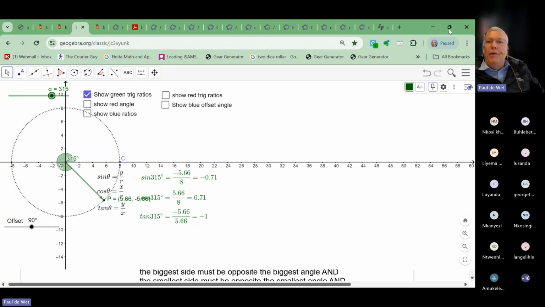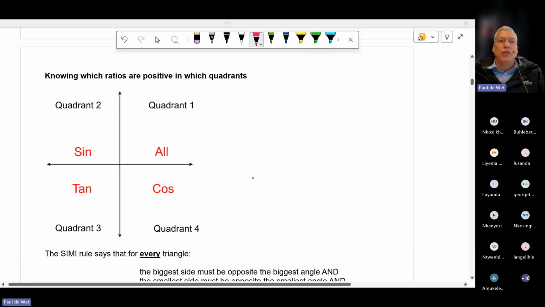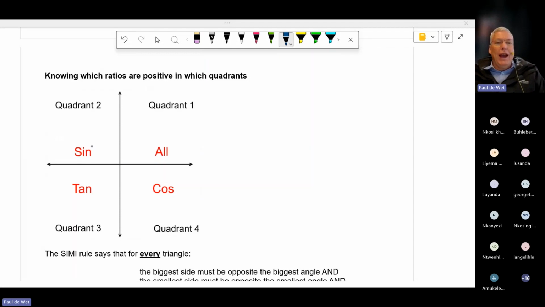Now I want you to go to page 3 in your workbook and write down: what's the upside down of sine? If you turn sine upside down, which ratio do you get? Cosec.